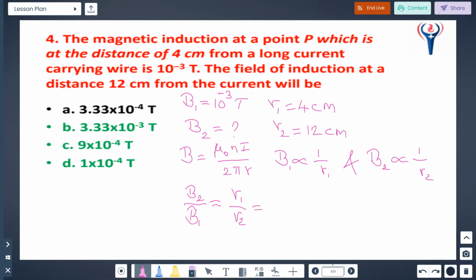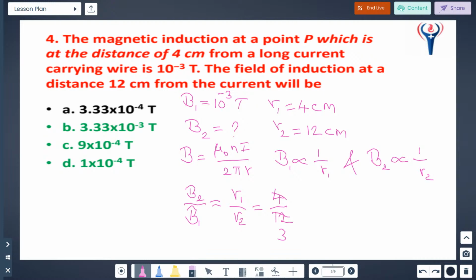R1 by R2, R1 is 4 centimeter, you can convert it to meter, same at 12 centimeter you can convert it to meter, into 10 power minus 2 getting cancelled. So just straight away I am writing 4 by 12, then 4, 3, 12.